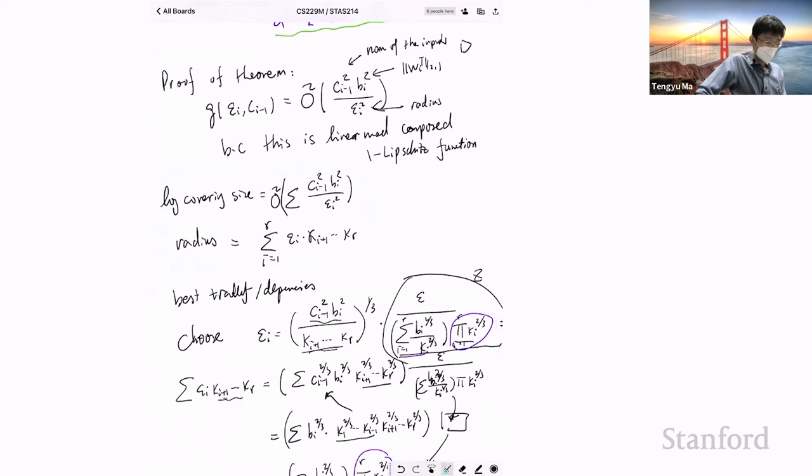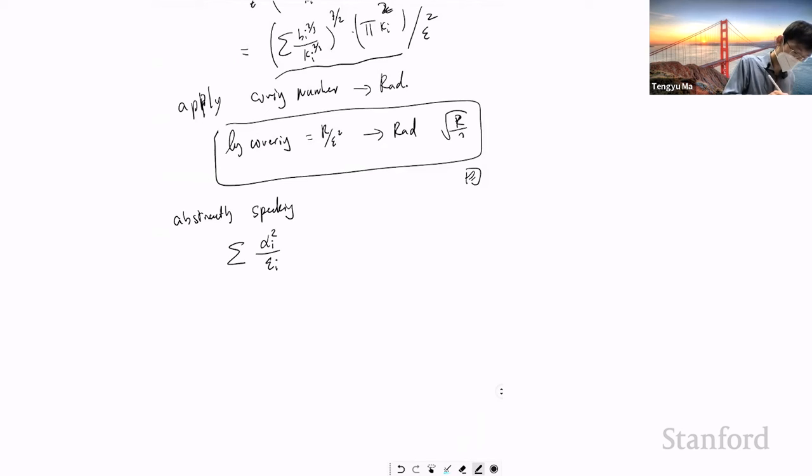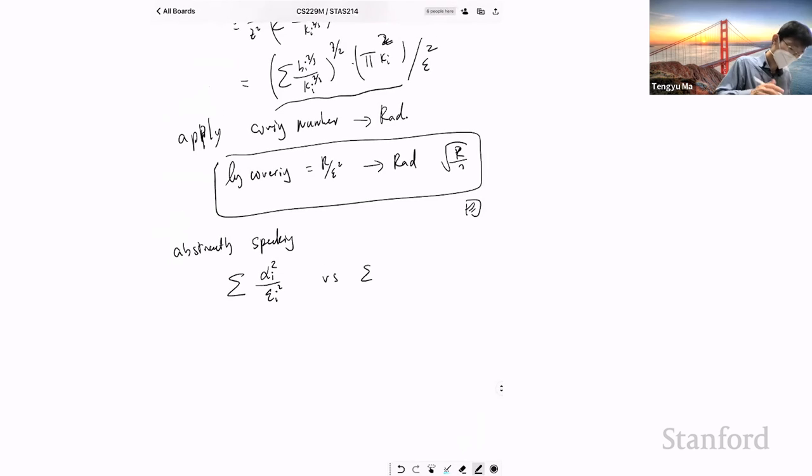And what you could do is, if you abstractify this, abstractly speaking, this is about the trade-off between something like, maybe let's use some different numbers, say sum of alpha I square over epsilon I square versus sum of beta I epsilon I, something like this. Right, that's the game you are dealing with. And how do you do the trade-off?